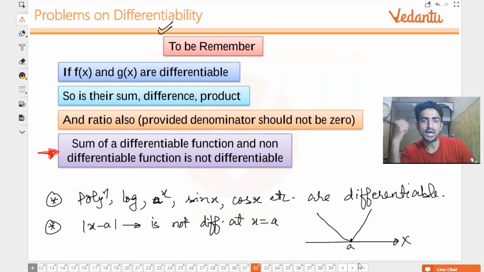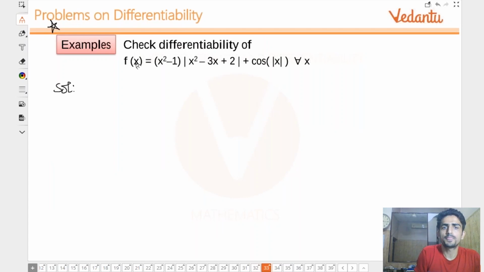So it has a sharp point at a. So mod of x minus a is not differentiable. It is continuous, it is connected, but it is not differentiable. These two things we need to keep in mind. Let us start the examples. When I see this question, the first thing I'm going to do is simplify it as much as I can.